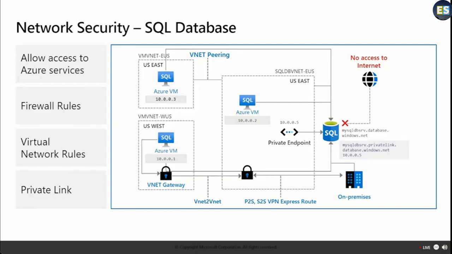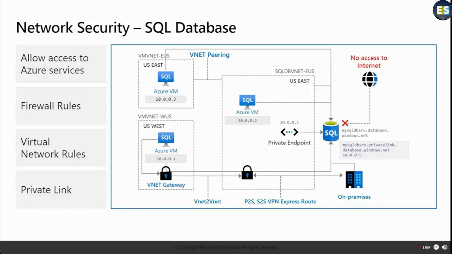Using private endpoint, we can block off public internet access to our Azure SQL database so that the only connection it has is a private endpoint, which is part of the Azure Virtual Network that Azure SQL database talks to. Azure Private Endpoint is a network interface that allows you to privately and securely connect to Azure services through a private link. Private endpoint uses a private IP address from your virtual network so that it effectively brings that service into your virtual network.